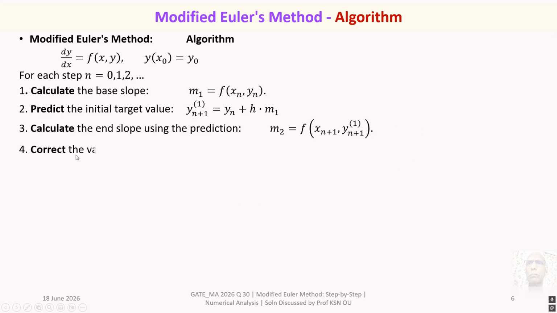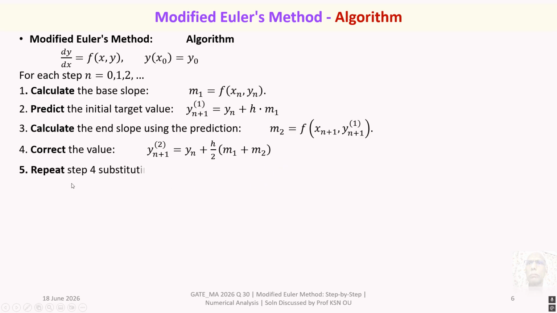Now correct the value. This is the first correction we make. Yn plus 1 superscript 2 is equal to yn plus h into the average of the above two slopes m1 and m2. So h by 2 into m1 plus m2 in brackets.